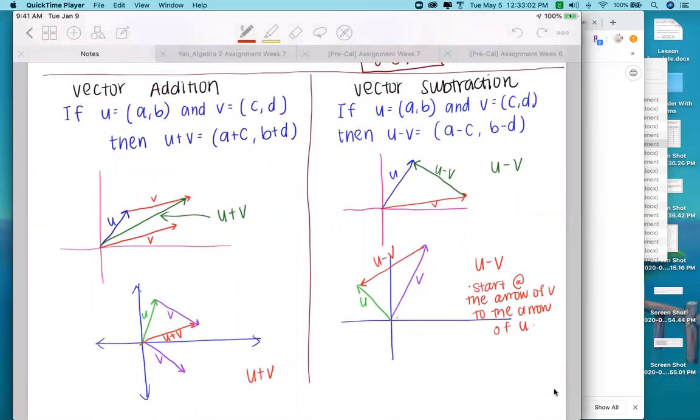Whenever you have two vectors adding together, it's as easy as adding the first number to the first number, and then the second number to the second number. So it's a plus c, and then b plus d. And then for the picture, I'm going to erase this part first.